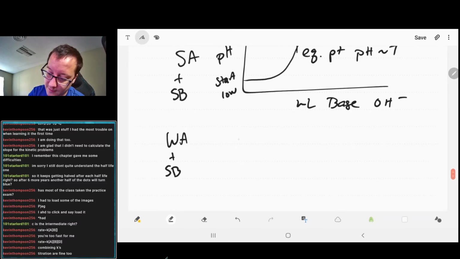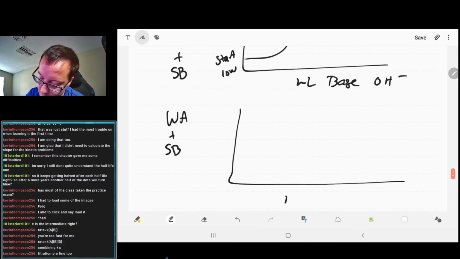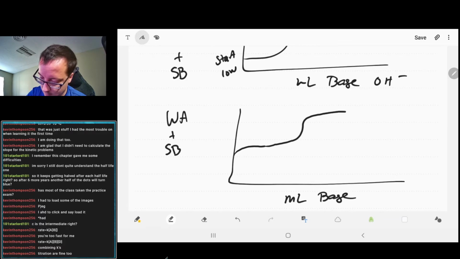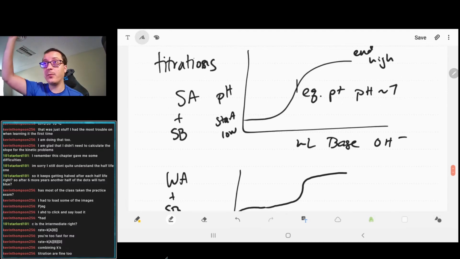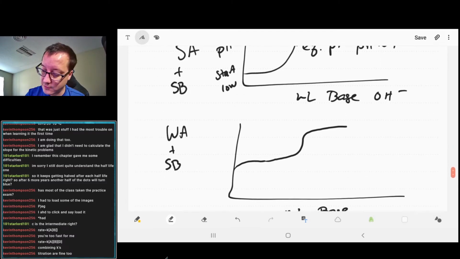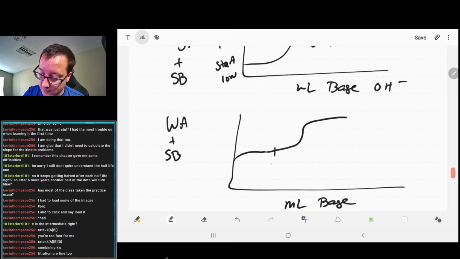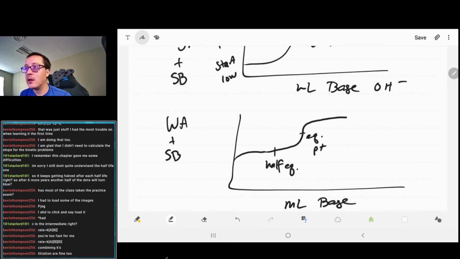If we look at a weak acid and a strong base, though, those are going to be a little bit more exciting. Those typically are flatter. They don't have this thing as much. Important points to note are the half equivalence point and your equivalence point. At half equivalence point, the pH equals the pKa.